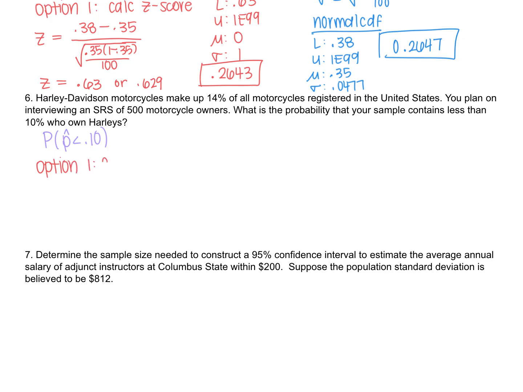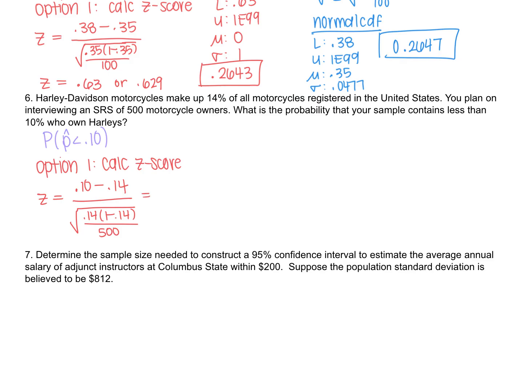So for option 1, we're going to have z equals 0.10 minus 0.14 over the square root of 0.14 times 1 minus 0.14 all over 500.